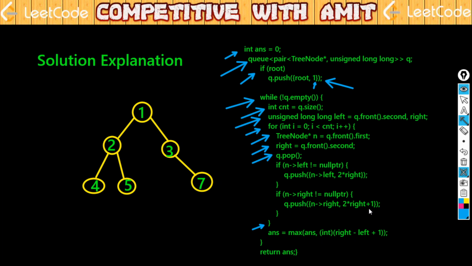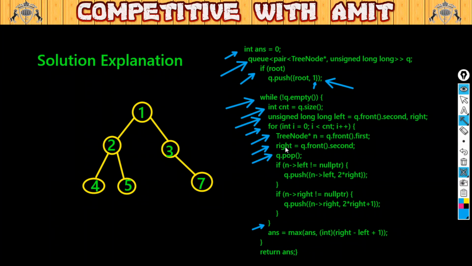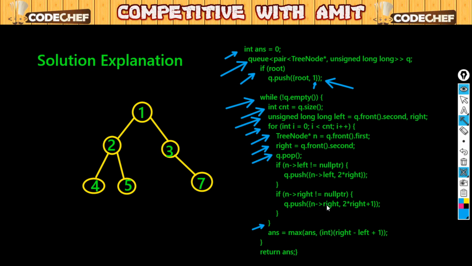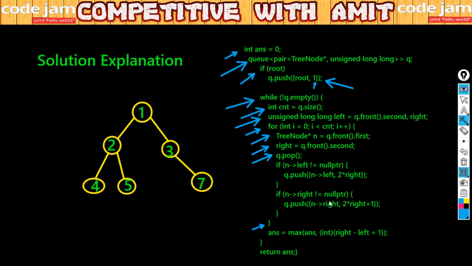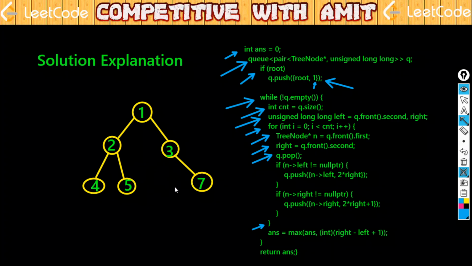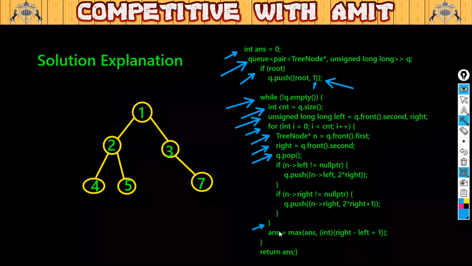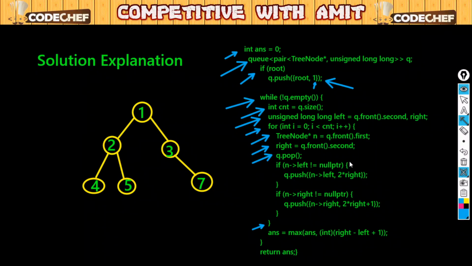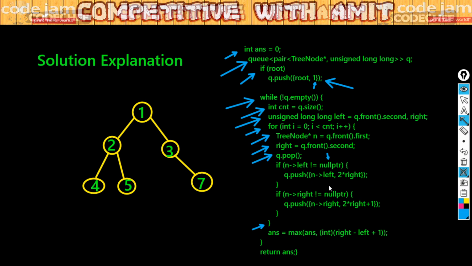We have explained this also. So don't confuse between these two rights. This right is the long int type, or the integer type, and this right is the part of this tree in which left and right are the two nodes. Now before storing the values, I have checked whether the node exists or not.